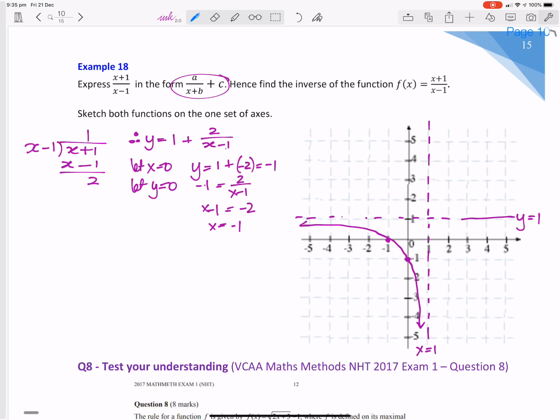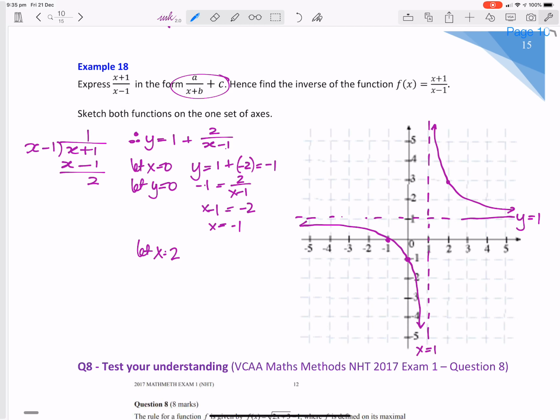If I put 2 into it on the bottom, if we let x equal 2, 1 plus 2 on 1 is 3. So 2, 3. So that's going to look like that.